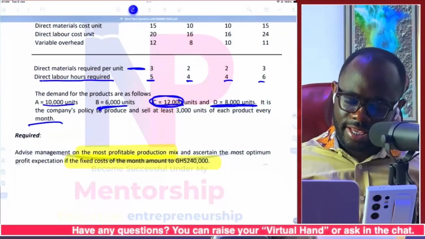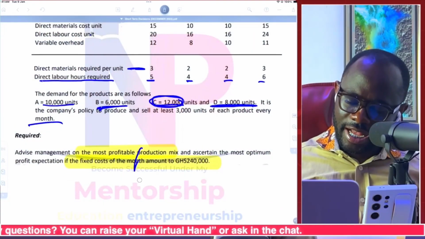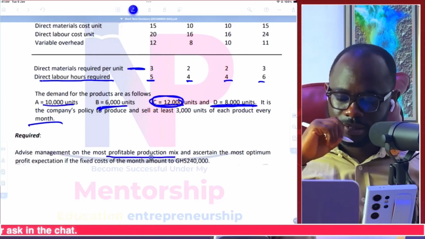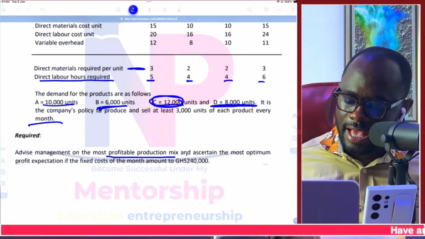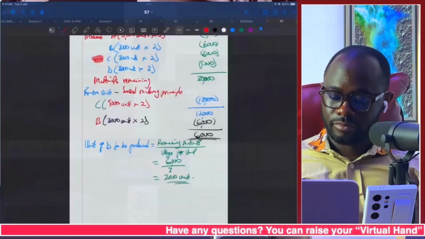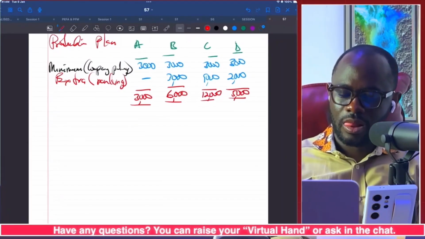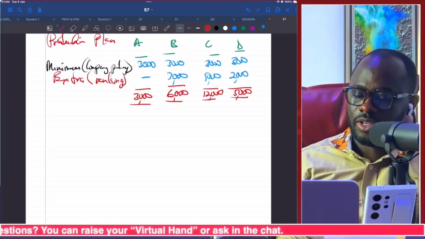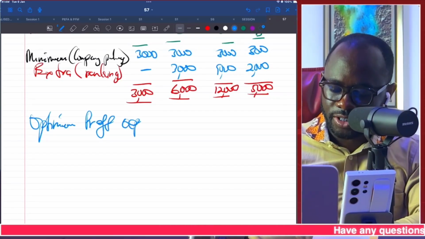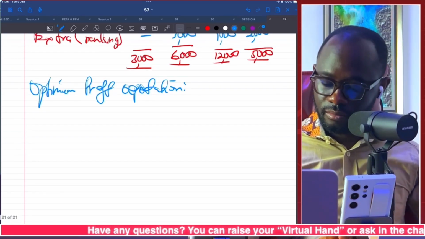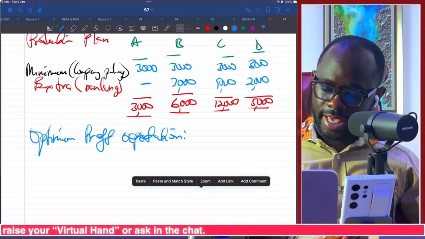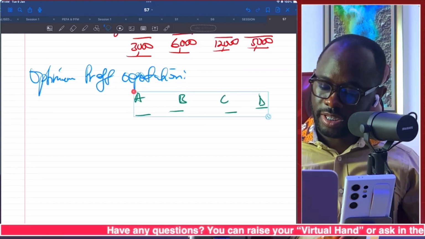But what did the question say? It says, advise the company on the profitable production mix. That's what we just did. And ascertain the most optimum profit expectation. Okay. So now we have the production mix. So the optimum profit expectation will be, we're going to bring in the products again like this here.